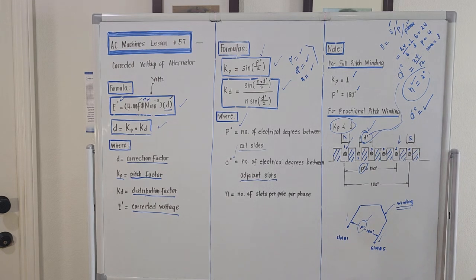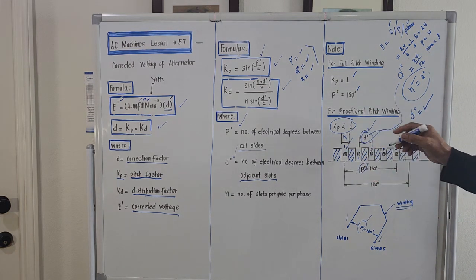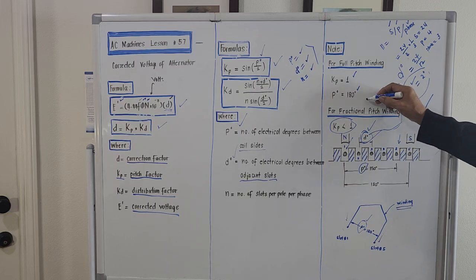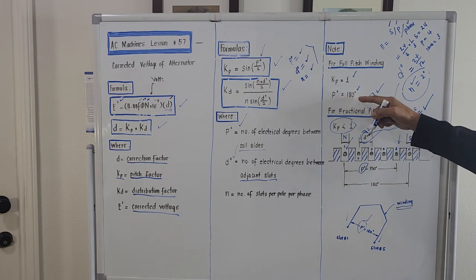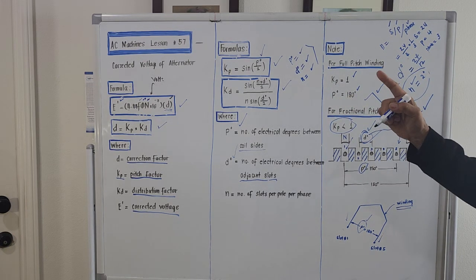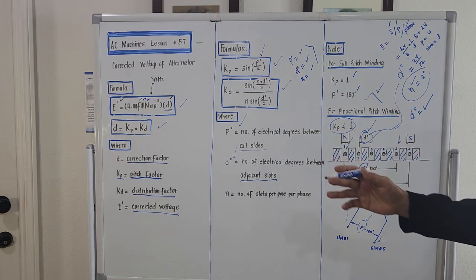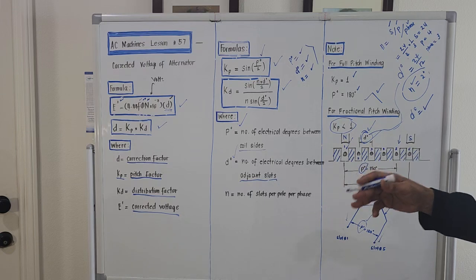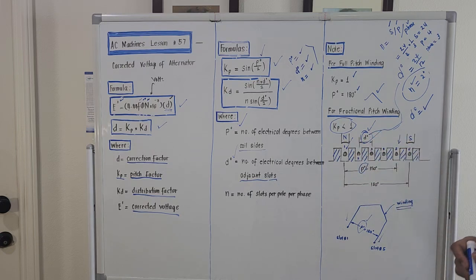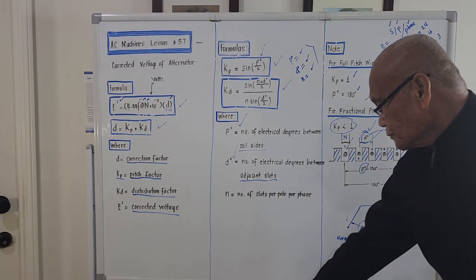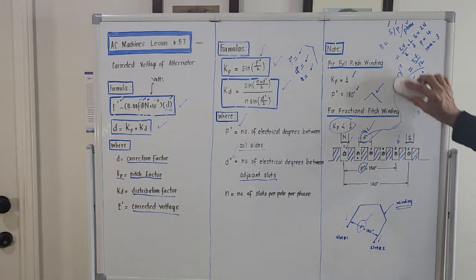The usual one used in the design of alternators is, I think, always fractional pitch winding, in which the value of P degree is not 180 degrees. If P degree is less than 180 degrees, it is termed fractional pitch winding. Why is that so? It is something like this.